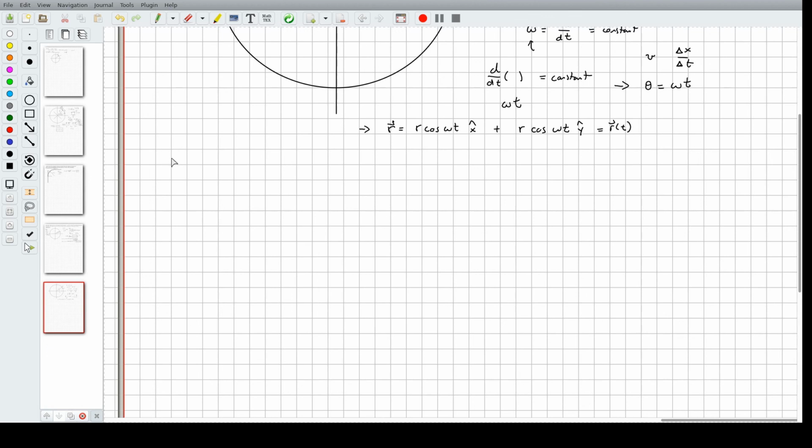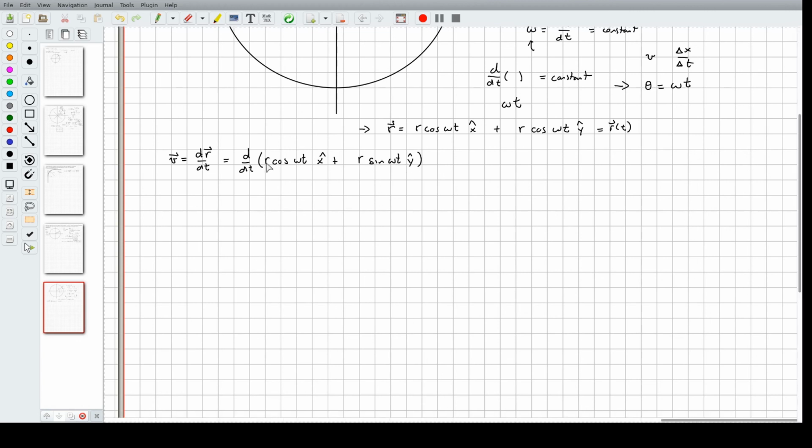So, for example, I know the velocity of a vector is the derivative of its position with respect to time, which would be the same thing as taking the derivative with respect to time of r cosine omega t x hat plus r times sine omega t y hat.